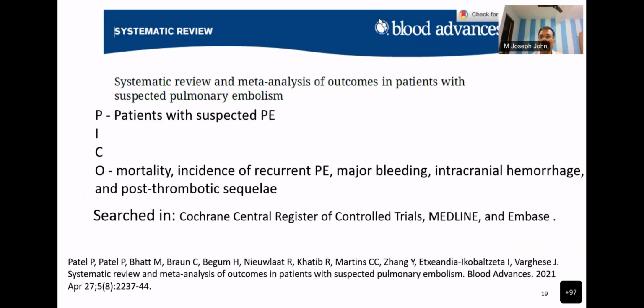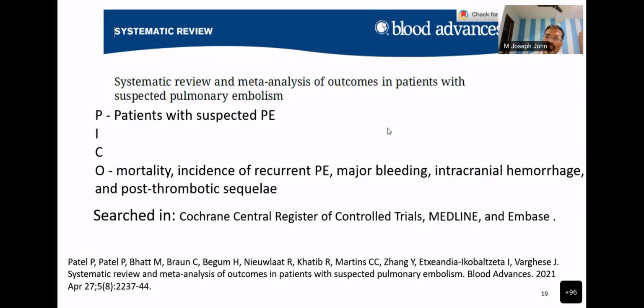When there is clinical equipoise, people do randomized control studies. Randomized control studies per se is not enough. Now, we have to do systematic review and meta-analysis. So there are various questions now. As the corpus of scientific literature increases, our burden to understand these also increases, and therefore we must know how to evaluate systematic review and meta-analysis.